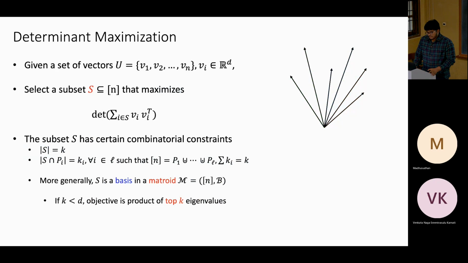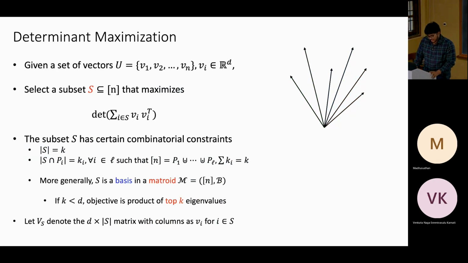Okay, so observe that if k is less than d, if you're picking fewer than d vectors, then the matrix inside is already low rank and the value is 0. So in that case, it makes sense to think of the objective as the product of top k eigenvalues, right? Let's say V_S is the matrix that has vectors indexed by the set as columns.